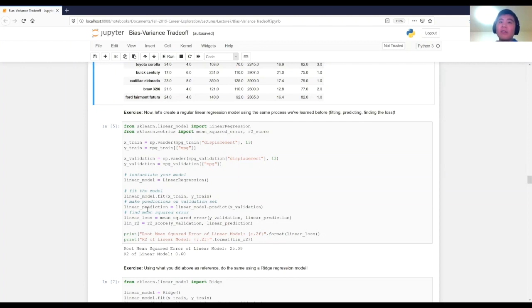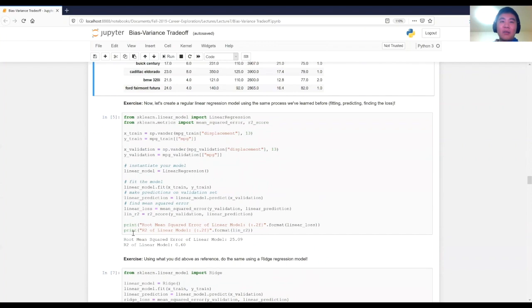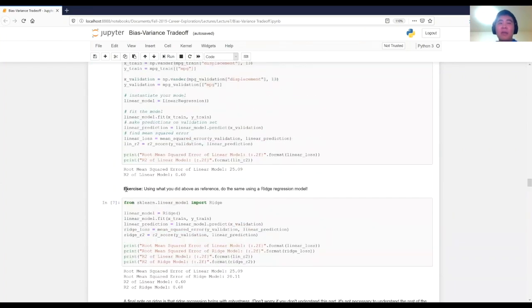And then we look at the predictions of our linear model. We then look at the loss from that model as well as its corresponding R-squared value. Feel free to pause and understand the code. I'm basically breezing through the code. We see that we have a root mean squared error as well as an R2 value.